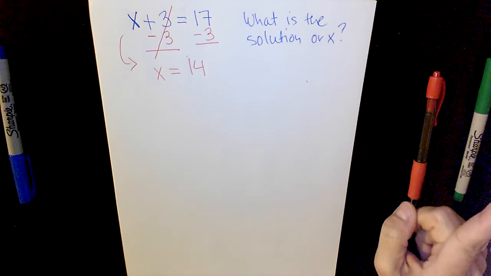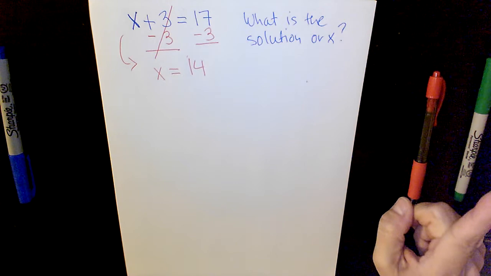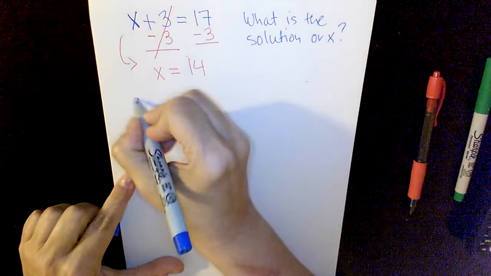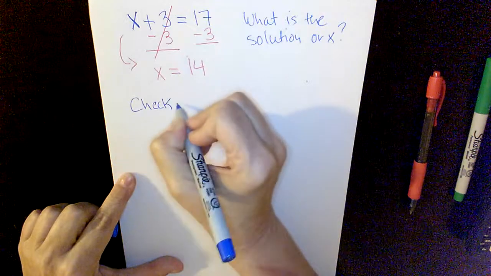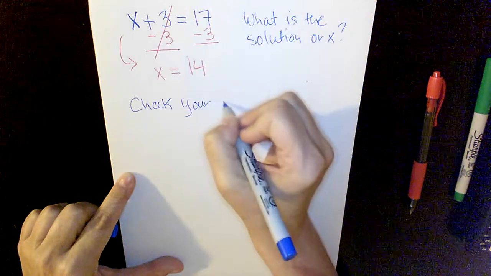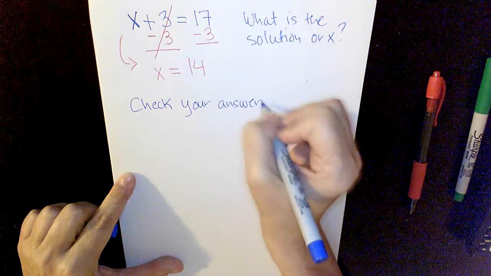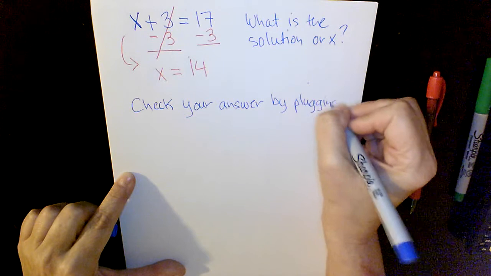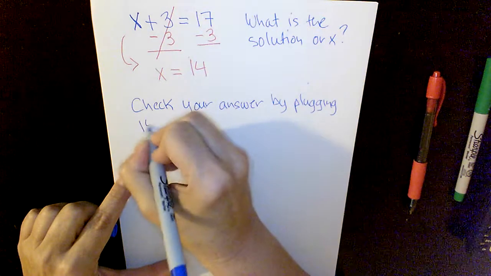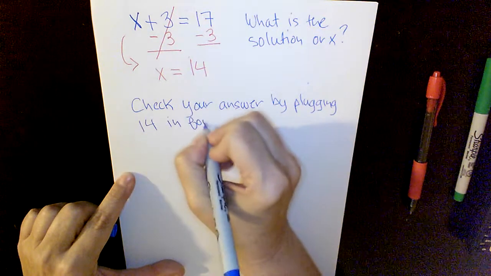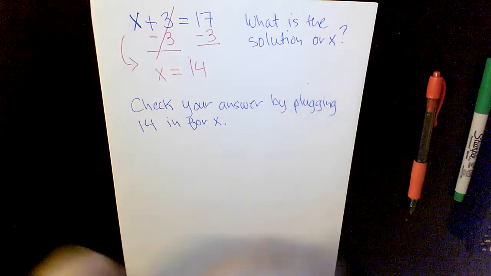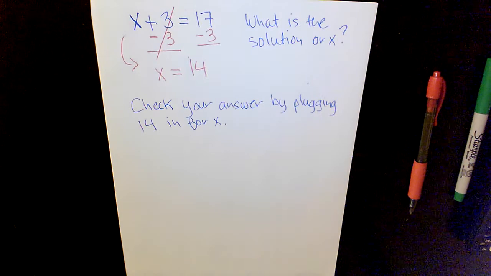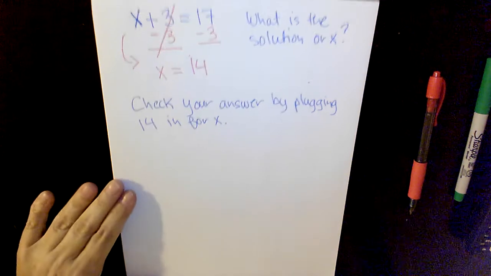17 minus 3 is 14. So I'm thinking 14 is the solution, but do I really know, or should I do a check? So let's do a check to make sure. And we do that by plugging 14 in for x and seeing if it's true. If both sides equal out, we know that 14 is the true solution.